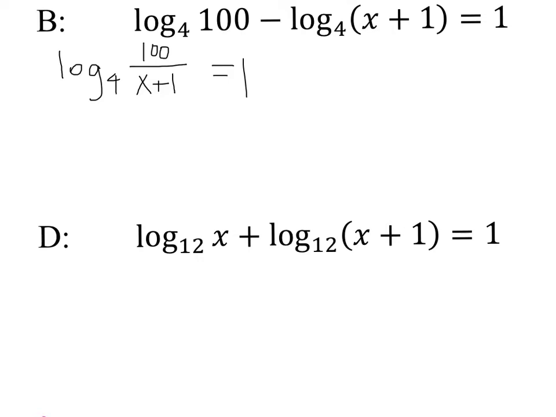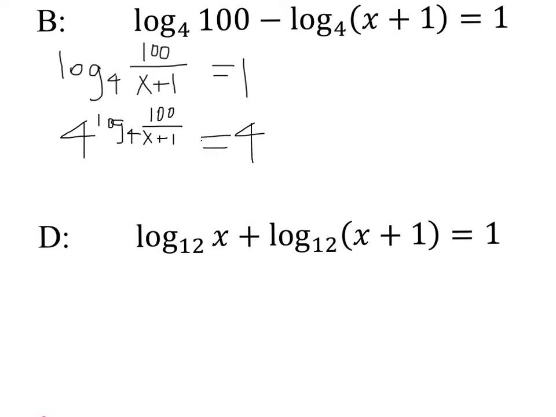So since we have a base of 4 right here, that means we want to turn this into 4 to the log base 4 of 100 over x plus 1. And since we did it to that side, we need to also do it on this side.